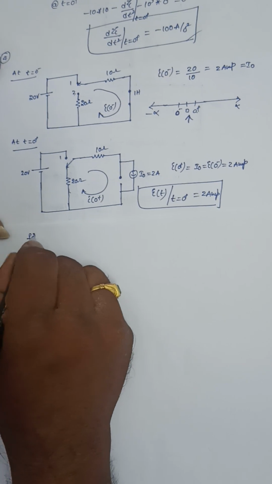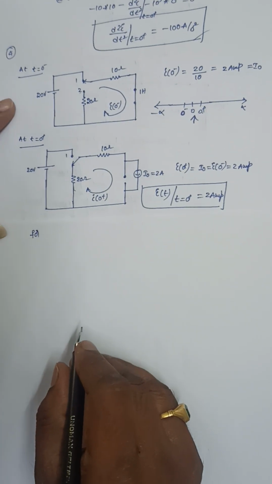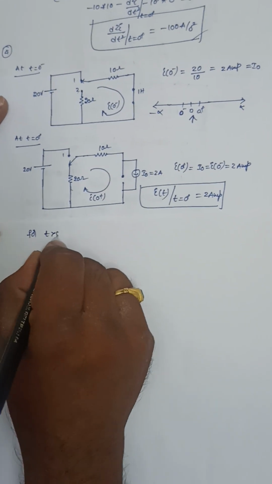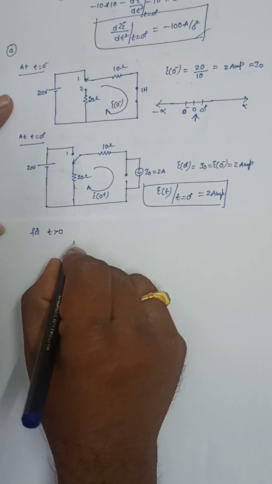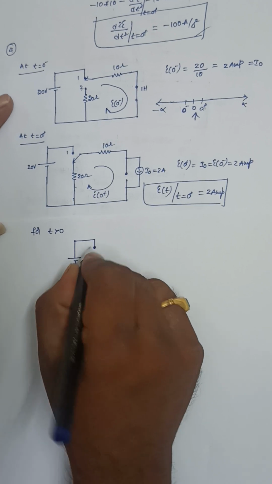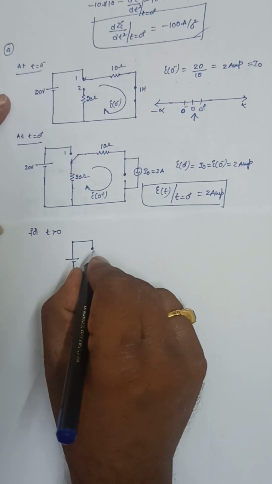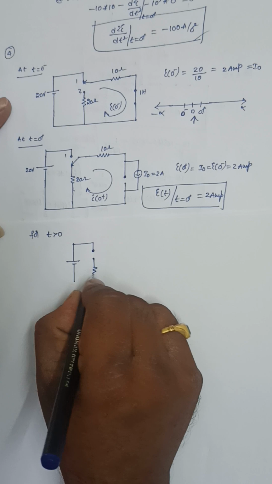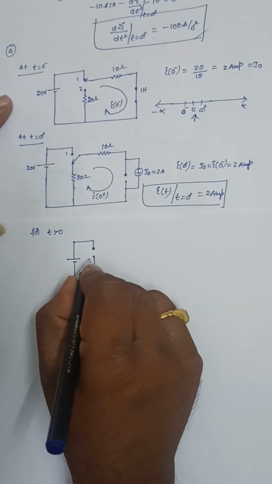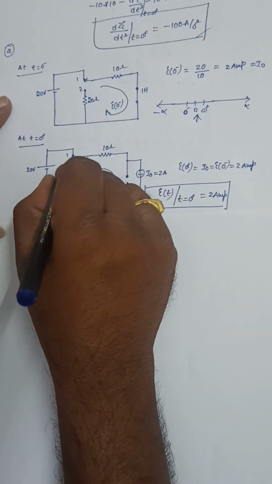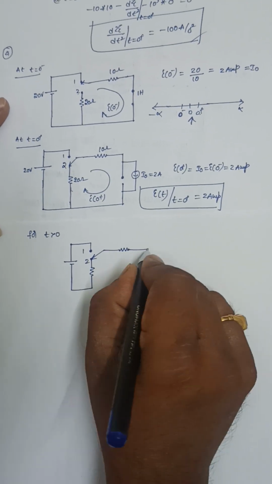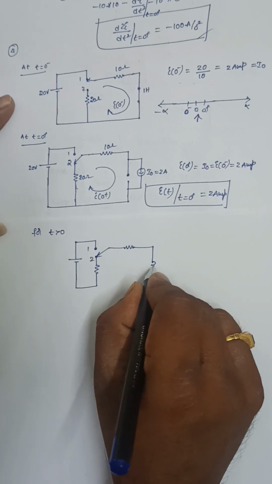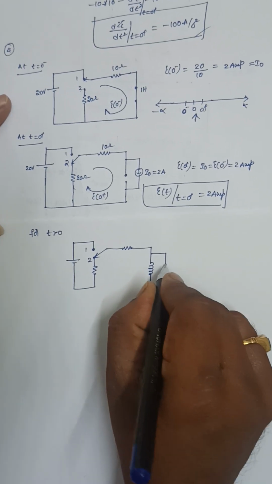So for t greater than 0, this is the circuit. After t greater than 0, the switch is at position 2 only. The switch is at position 2, and the inductor is replaced with its equivalent circuit like this.